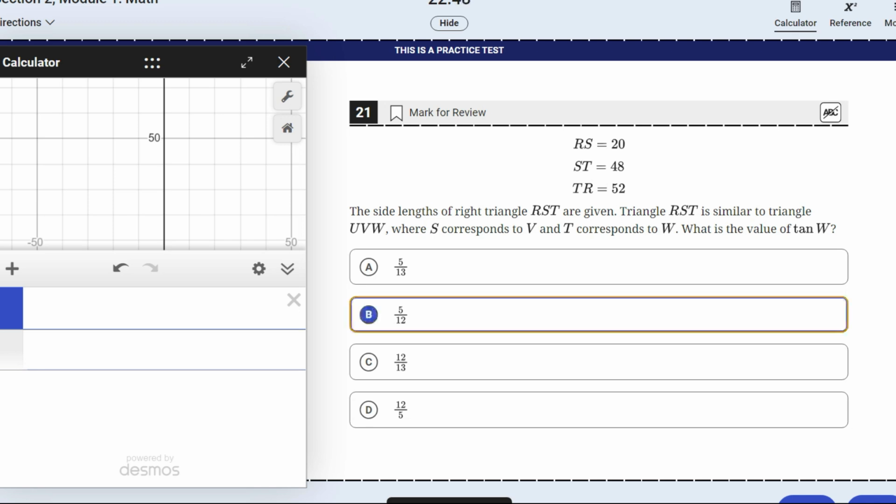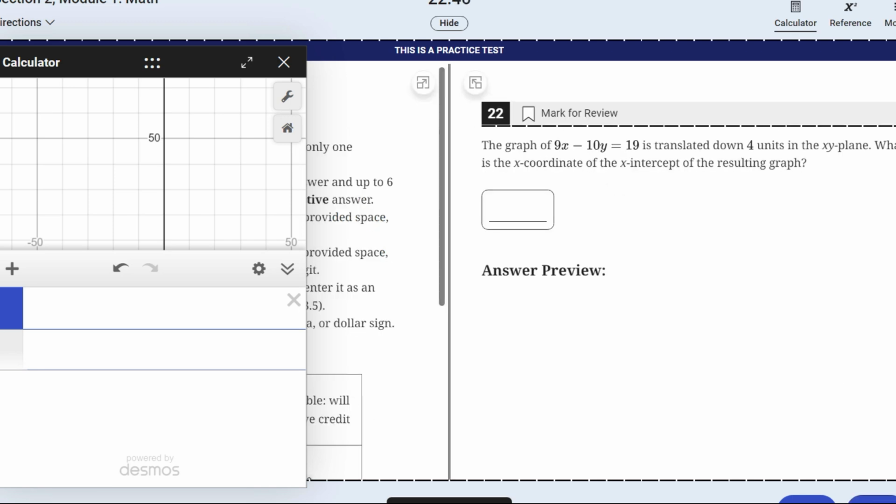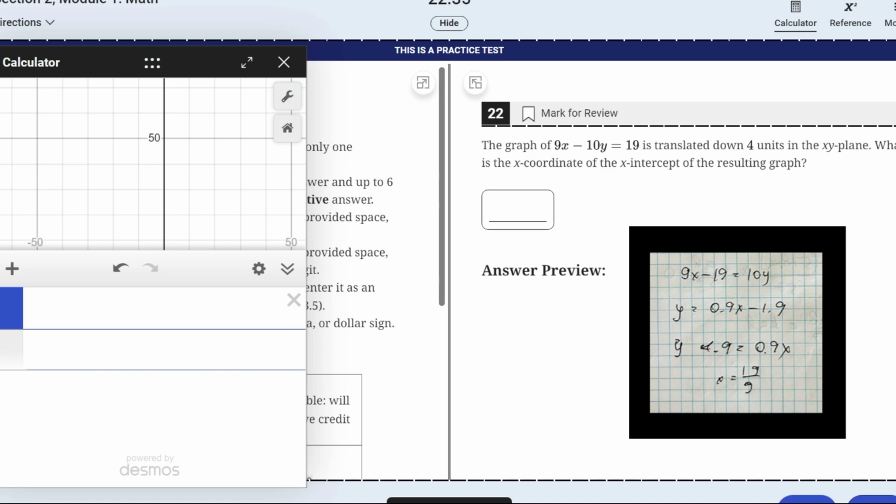All right, next question. The graph is translated 4 units down. What is the x-coordinate of the x-intercept? Well, first we have to write it in slope-intercept form in order to do this transformation. First, we do that, and we get y equals 0.9x minus 1.9.